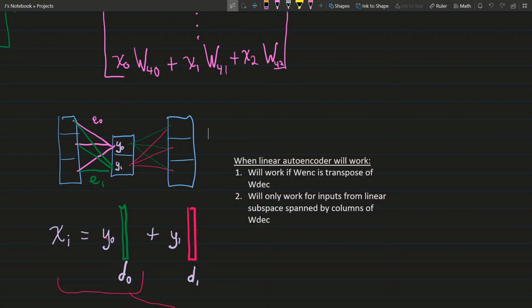I think that's true. In particular, if the encoder weights are just the transpose of the decoder weights, then you have a working linear autoencoder, given that all your data are representable in this way.